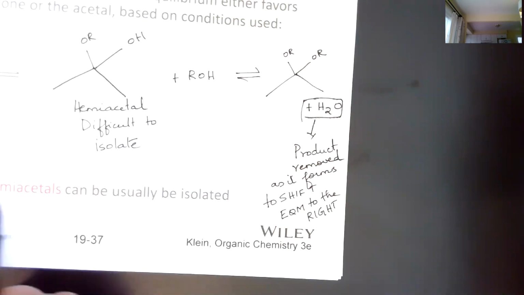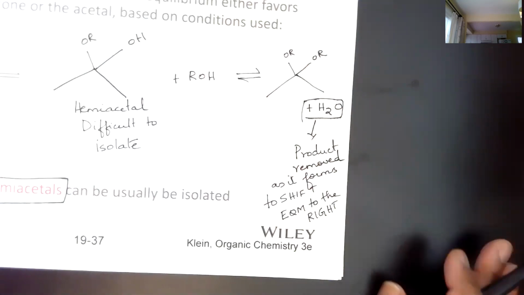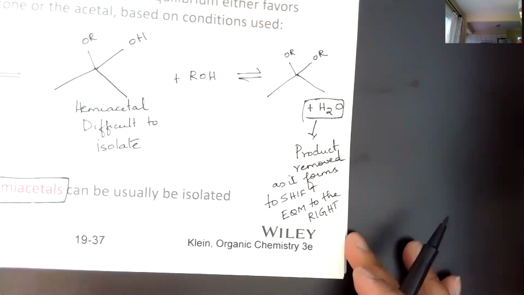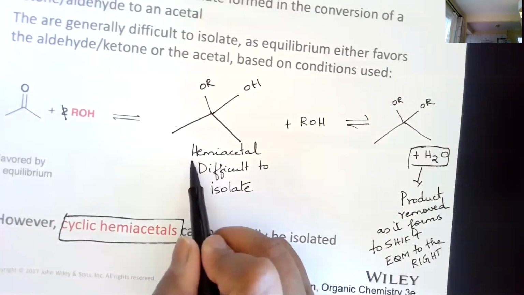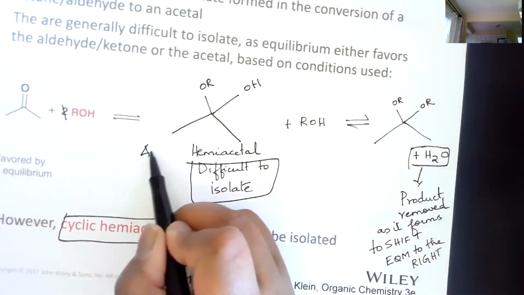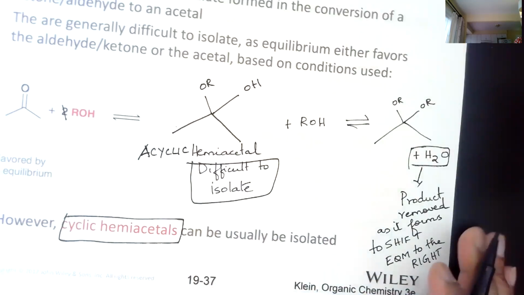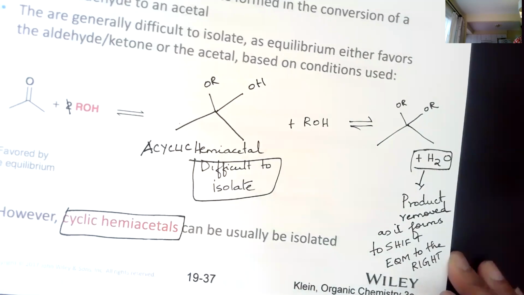They're saying cyclic hemiacetals, like we saw with glucose, form and are more stable. Acyclic hemiacetals are difficult to isolate, but cyclic ones are not.